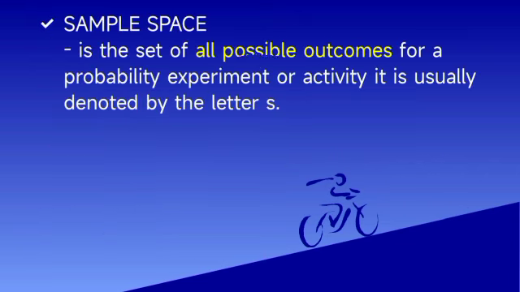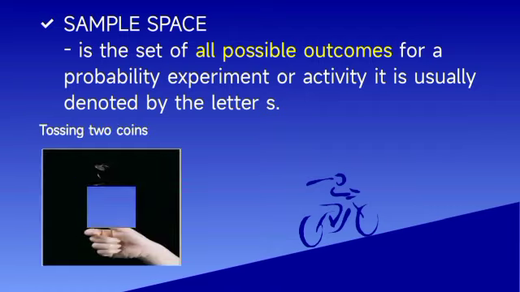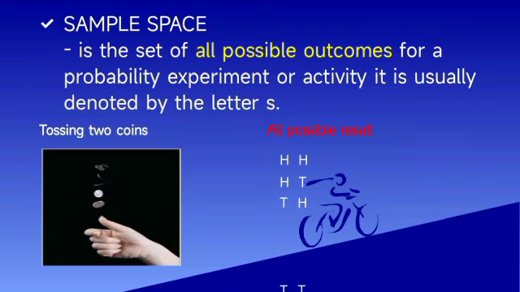And then the next one is the sample space. When we say sample space, it is the set of all possible outcomes for a probability experiment or activity. It is usually denoted by the letter S. For example, when you are tossing two coins, all possible results of tossing two coins are head head, head tail, tail head, and then tail tail.